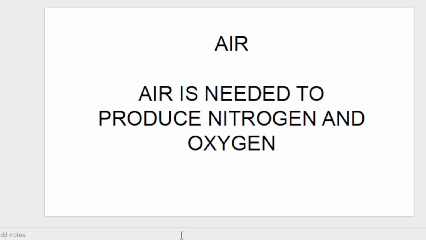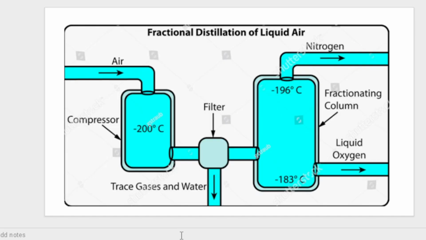Nitrogen and oxygen are the major constituents of air. So, air is a raw material in chemical industries. Air can be separated into its constituents by a process known as distillation, fractional distillation of air.